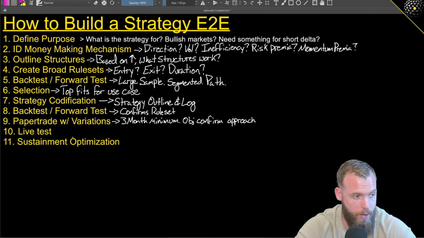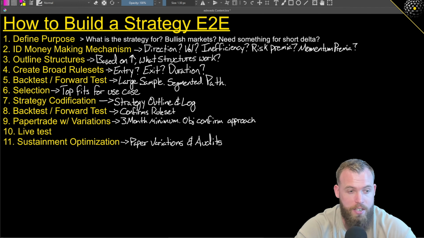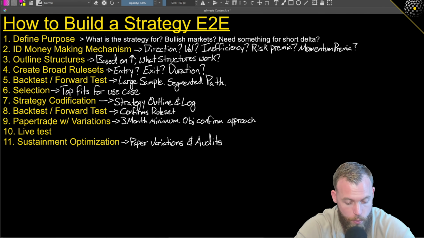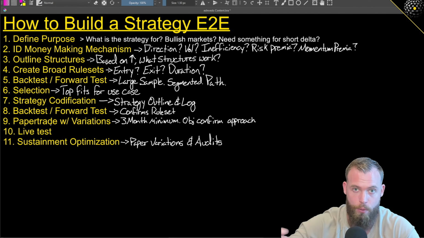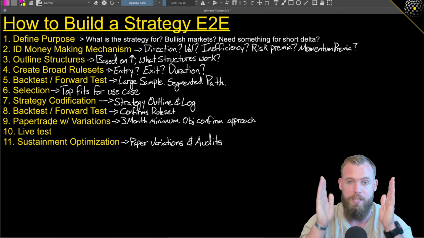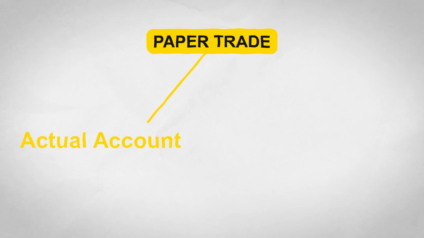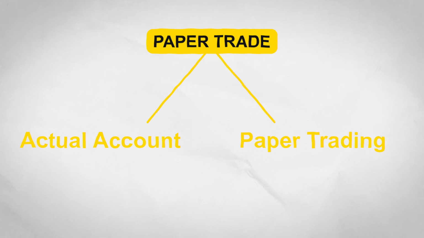I do it with live strategies, kind of actually in this sustained optimization stage as well. But this stage here, step 9, is when we're actually trading it exactly as we think we would. And at the same time, we have different variations that we're also paper trading. So I kind of segment this into 2 buckets. I have the paper trading I'm doing to simulate my actual account, and then I have the paper trading I'm doing to collect data.